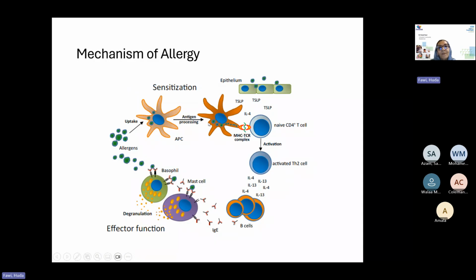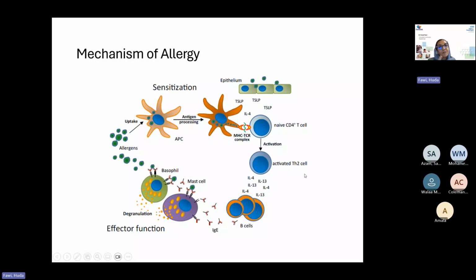This is a simple slide to tell you about the complexity of the mechanism of allergy and what happens. So in a simpler way, an allergen is taken up by an antigen presenting cell. What happens is antigen processing, which turns the naive CD4 T cells and activates it to become a Th2 cell.